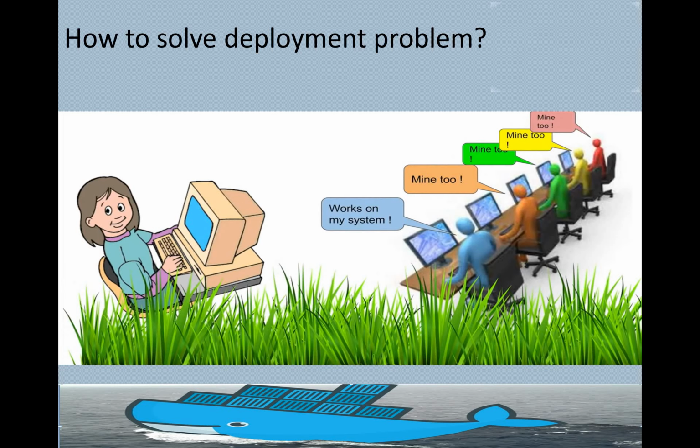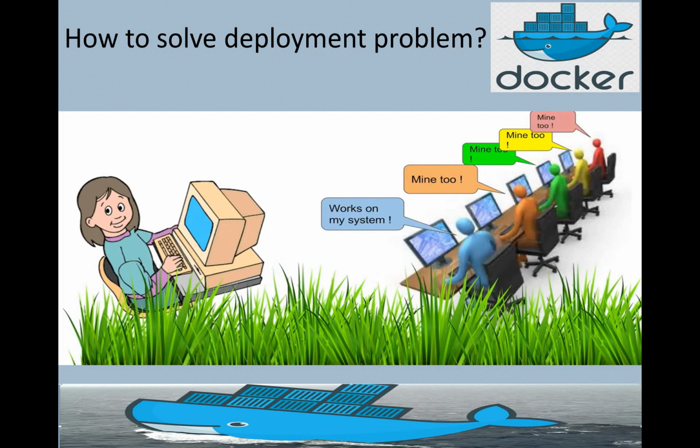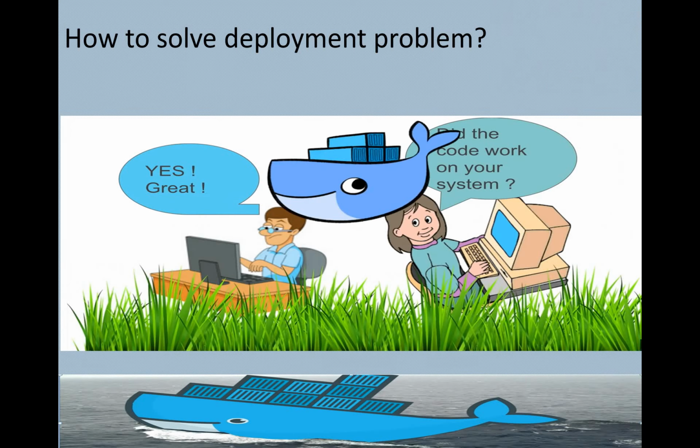So when we deploy that, it works everywhere it is deployed, with 100% guarantee, in the same way it works in the development environment. So this is one example. Now you can see how to solve the deployment problem with the help of Docker.